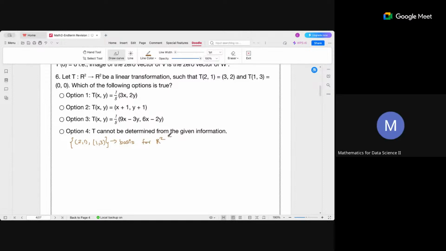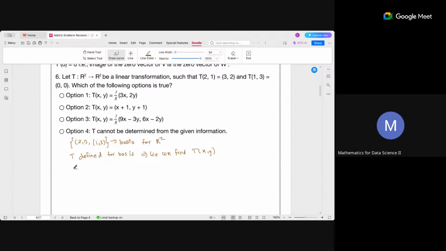Whenever you find that T is defined on a basis, we can find T of (x, y) for any (x, y) in R2.